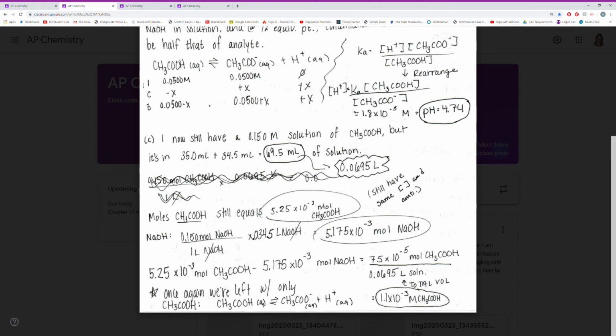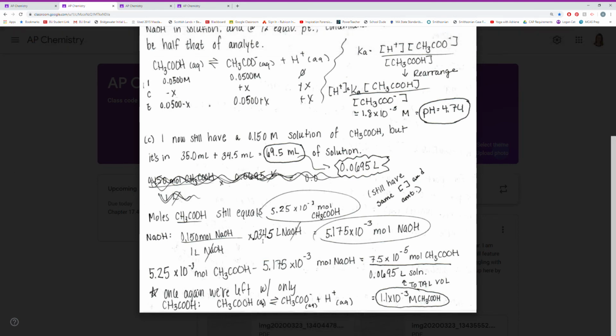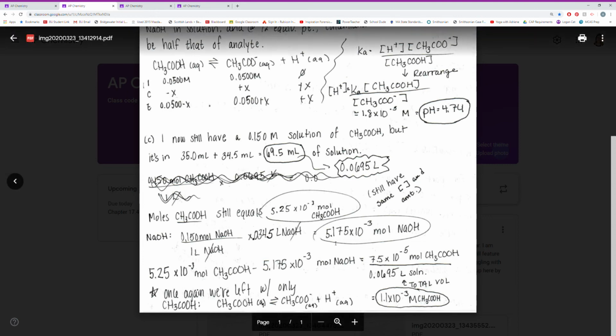So I'm going to do basically the exact same process from part B and part C. I figure out I still have the same number of moles of acetic acid, sorry, it's 5.25 times 10 to the negative third from the problem above, but my amount of sodium hydroxide is going to change because now I have 34.5 milliliters instead of the 17.5, so I reconfigured my number of moles of sodium hydroxide.